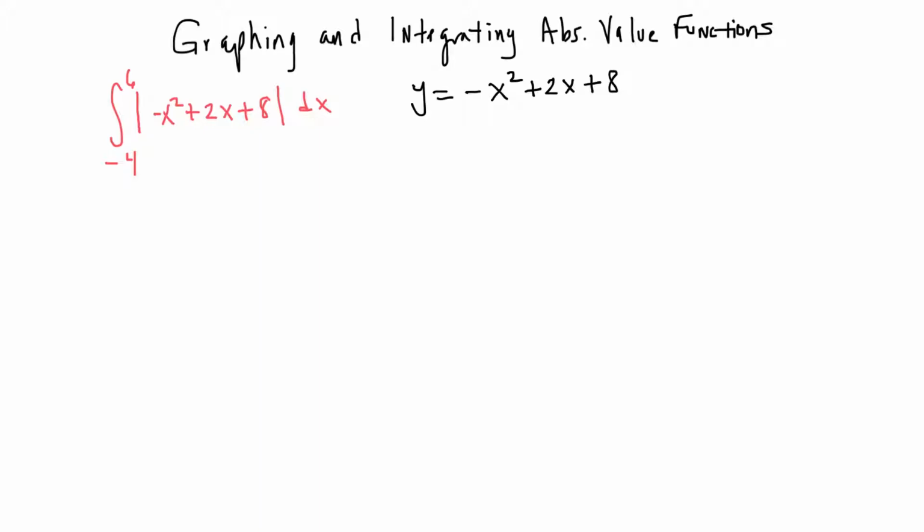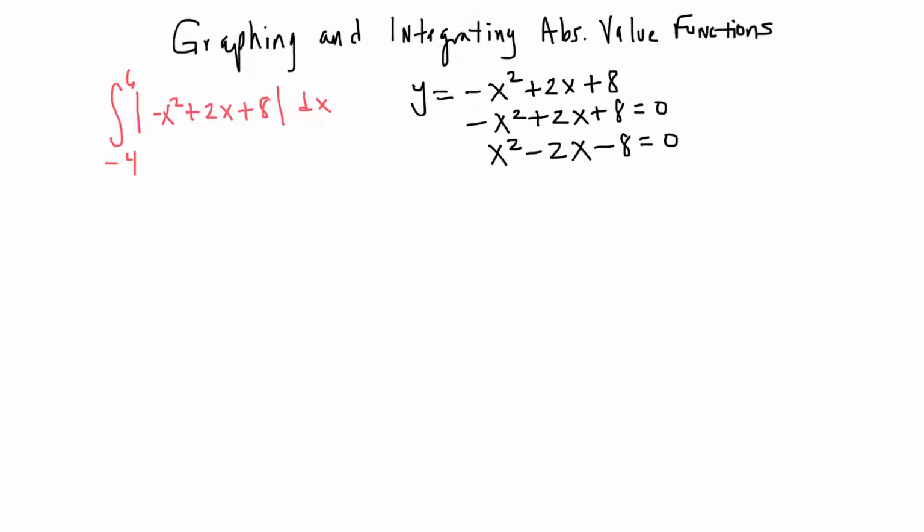To graph it, I have to recognize that it's a quadratic, and it opens downward because the leading coefficient is negative. I would like to know the zeros of the quadratic, so I'm going to set it equal to 0. I'm going to divide everything by -1 to make x squared positive. We want the leading coefficient to be positive.